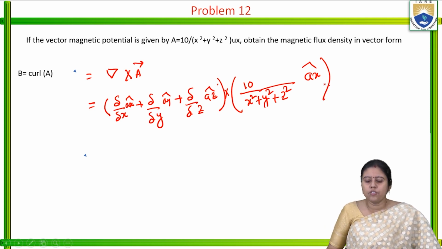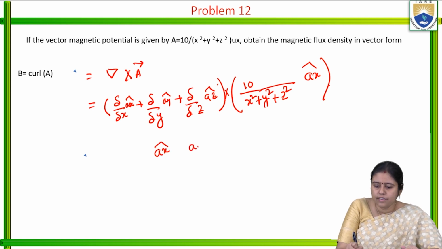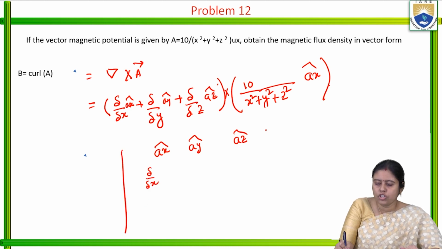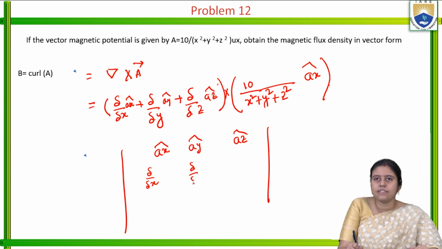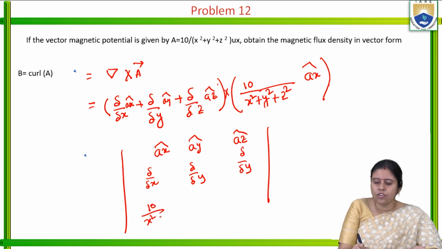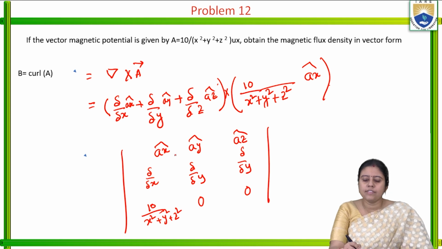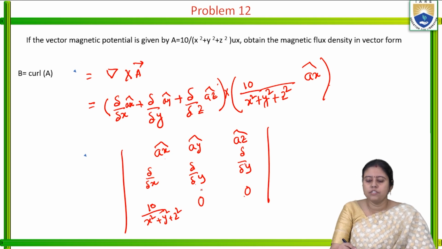So if we want to write it in the form, it is ax, ay, az, del by del x, cross product, del by del x, del by del y, del by del z, 10 by x square plus y square plus z square, 0, 0. So while we are calculating this, first ax value is 0.